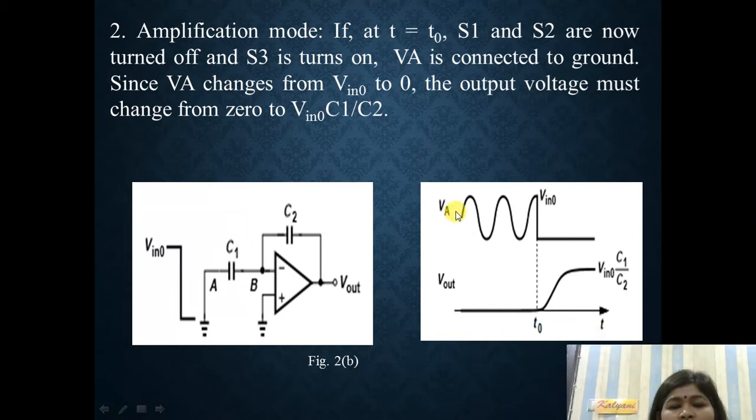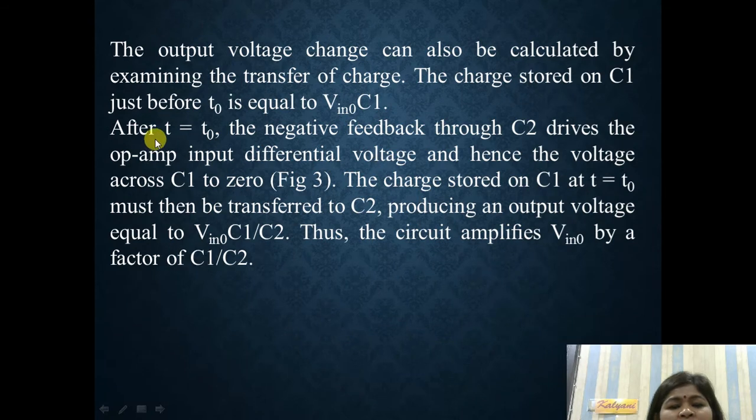As VA changes from Vin0 to 0, the output voltage must change from 0 to Vin0 times C1 over C2. As you can see here, VA is the sine wave, and this VA changes from Vin0 to 0, and this is the output. This output voltage must change from 0 to Vin0 times C1 over C2. So this is the amplification mode.